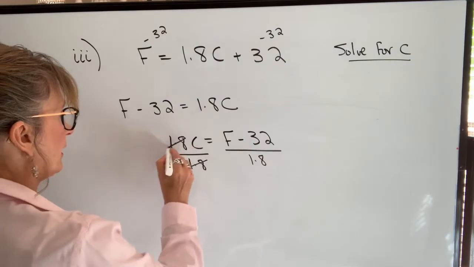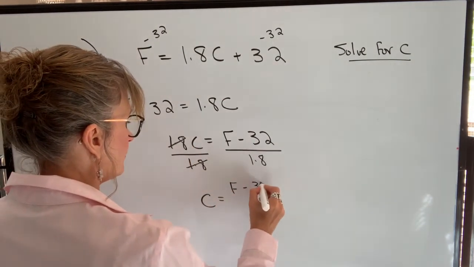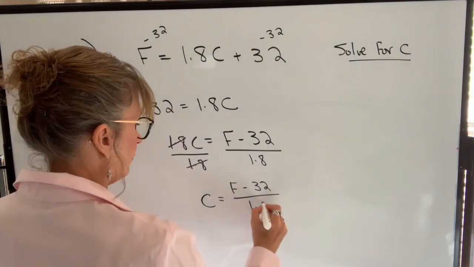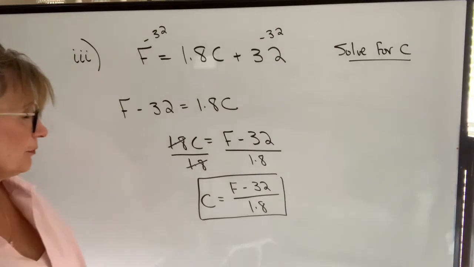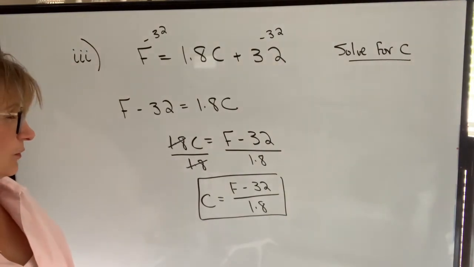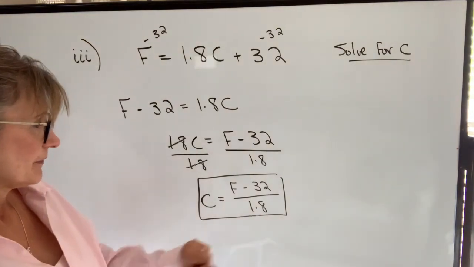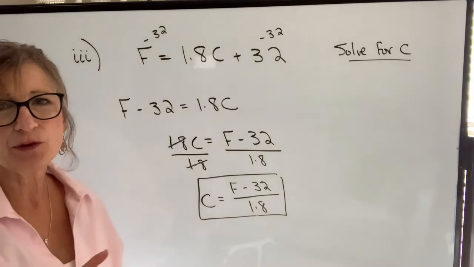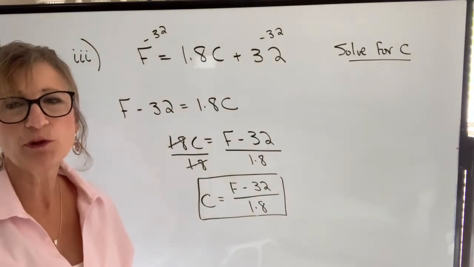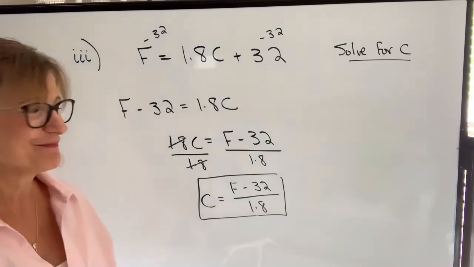The 1.8 will cancel, so C will equal F minus 32 divided by 1.8. And that would be my formula. I don't like it too much because I have a decimal in the denominator, but I'm not going to get picky about that in terms of simplifying. We just want to be able to use the formula, so I'll let that go this time.